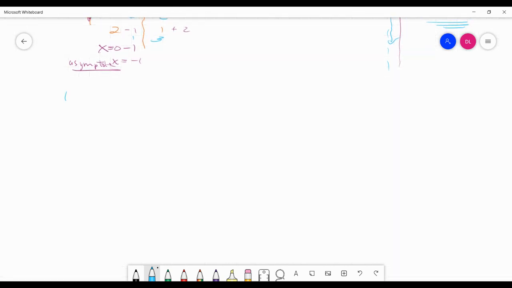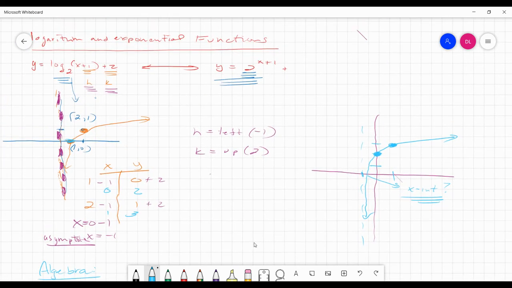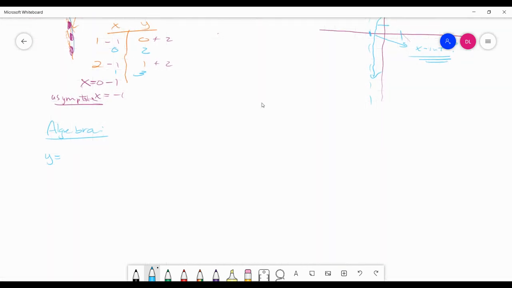We've got our algebra, and we have y equals log base 2 of x plus 1, plus 2.